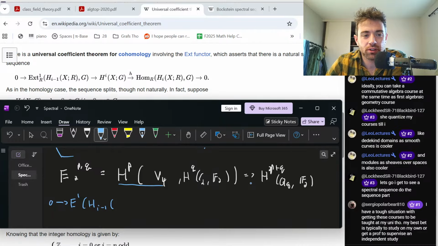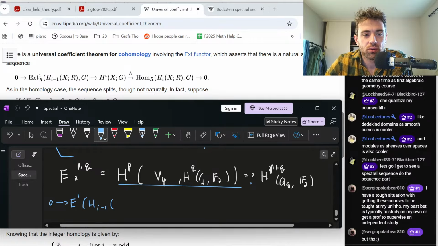Okay, so we're looking at something that looks like this. I guess I'm gonna take my X to be V4, and my G is gonna be this thing. So I know that I have the Klein group homology with F2 coefficients.